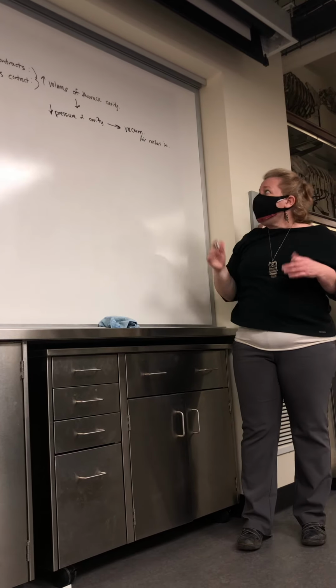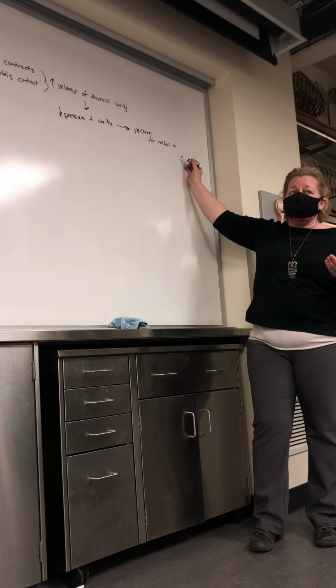You create a vacuum, air rushes into a vacuum, nature abhors a vacuum, therefore you're going to be equalizing these pressures. There's only a very slight difference in pressure between the outside air and the inside of the lungs, and air fills it. Air fills the lungs as a result. And that's actually how inhalation occurs.